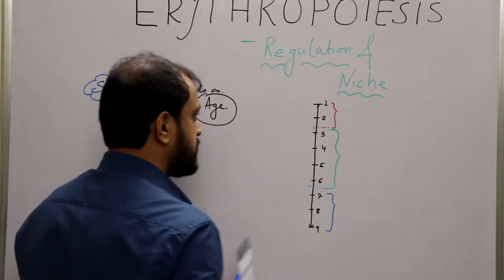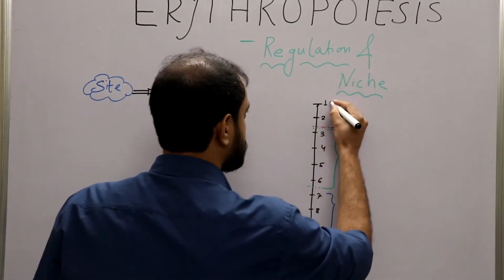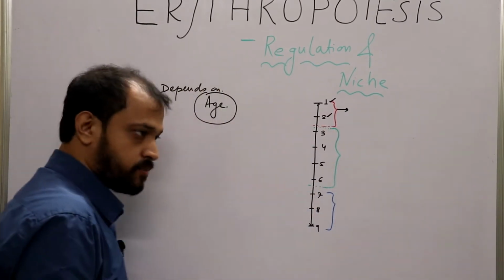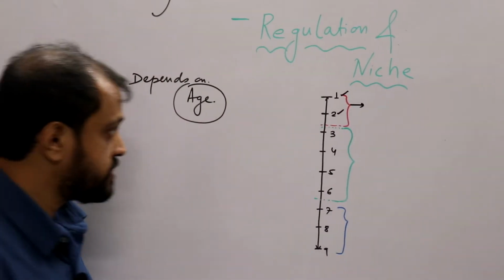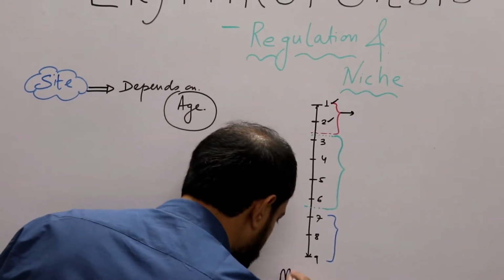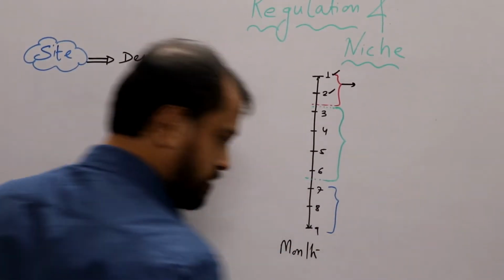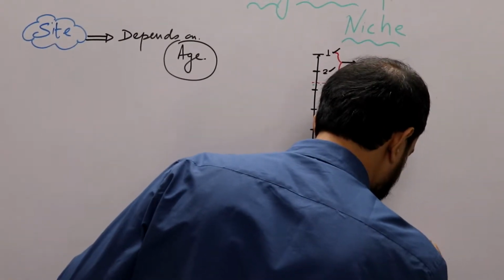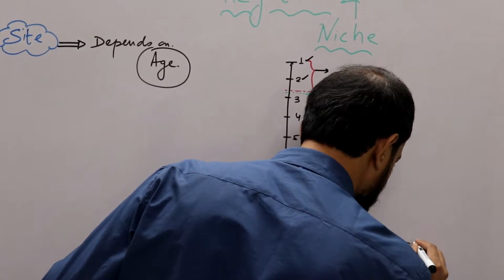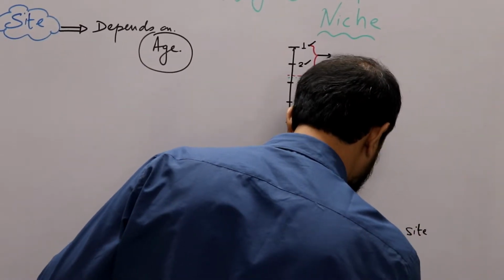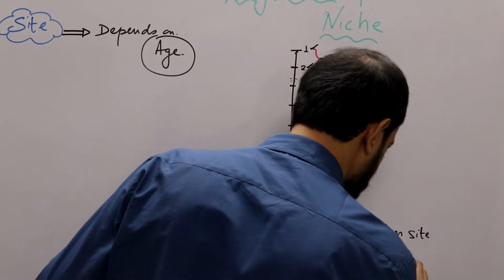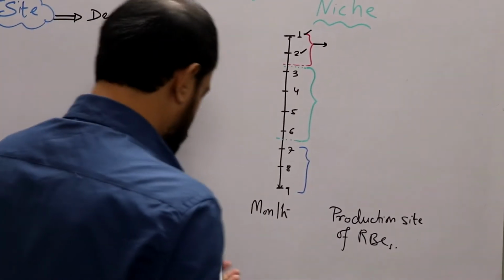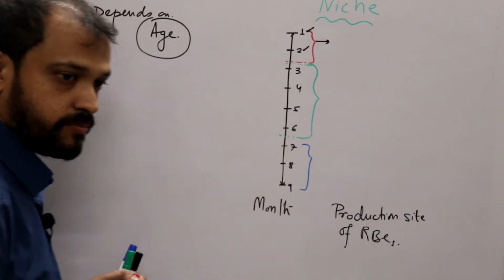Now, in the first 2 months, RBCs are produced from a particular site. Suppose this is the month and this is the production site of RBCs.